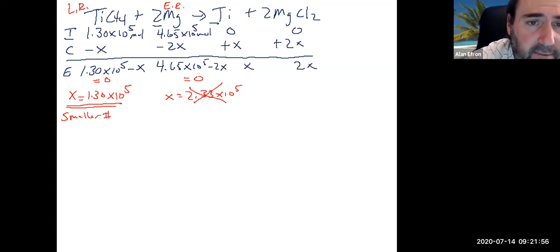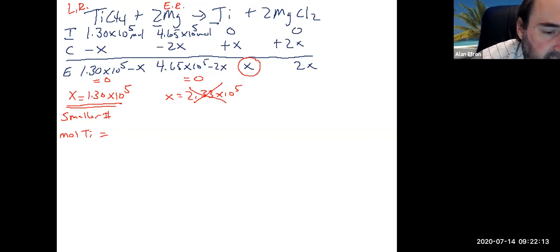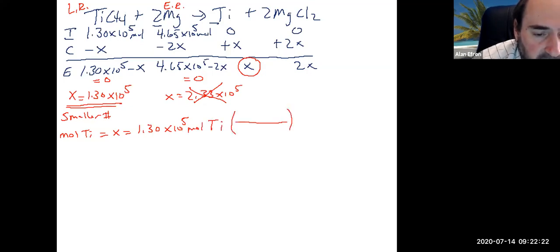At this point, we can solve for a bunch of stuff that we're looking for. Mainly we were looking for Ti. We know that the moles of Ti from the table is equal to x, which means we have 1.3 times 10 to the fifth moles of Ti, which we can convert into grams by using the molar mass from the periodic table, 47.88 grams per mole of Ti.